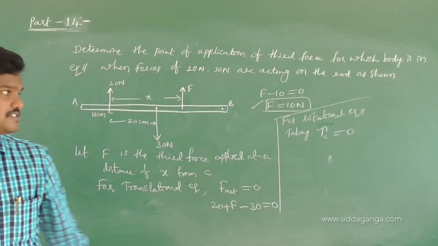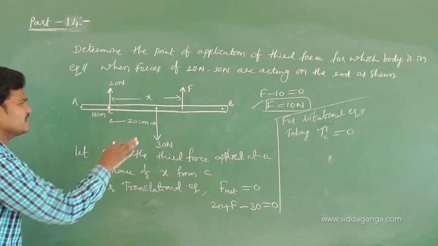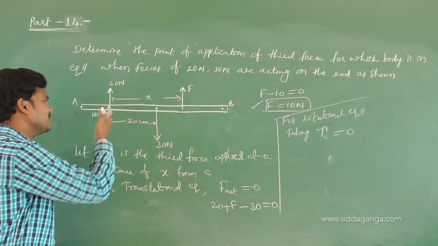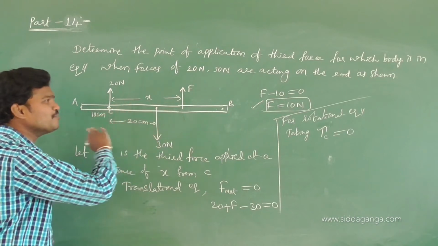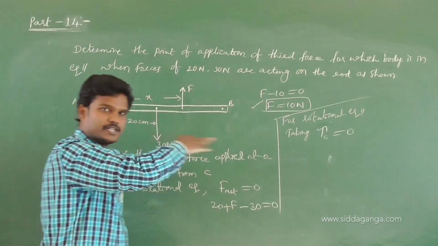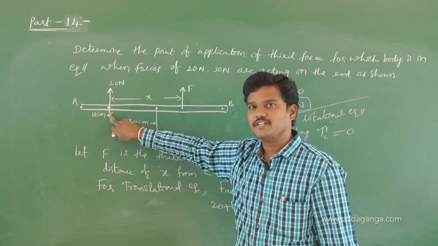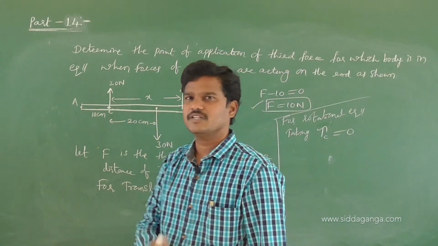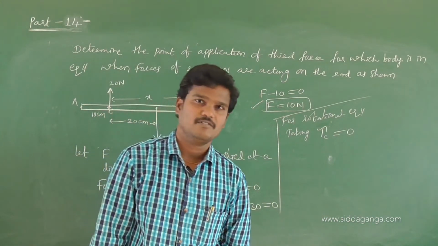You can take torque at any point to be 0, and you will get the answer. Now let me take torque about this point C is 0. If net external torque is 0, then the rod is said to be in rotational equilibrium.